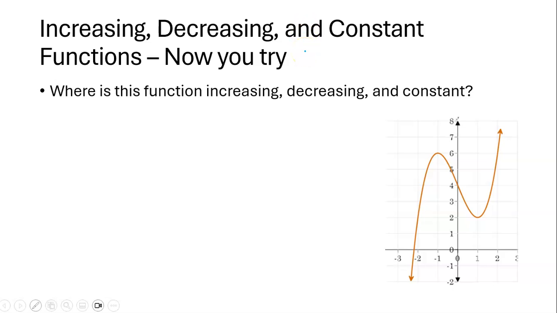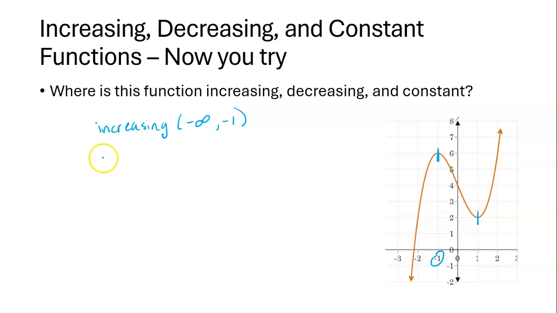Okay, now we try. It says, where's the function increasing, decreasing, and constant? I'm going to draw my lines. I know it changes there, and then it changes there. So we have that it is increasing from -infinity, because that's here, to -1.